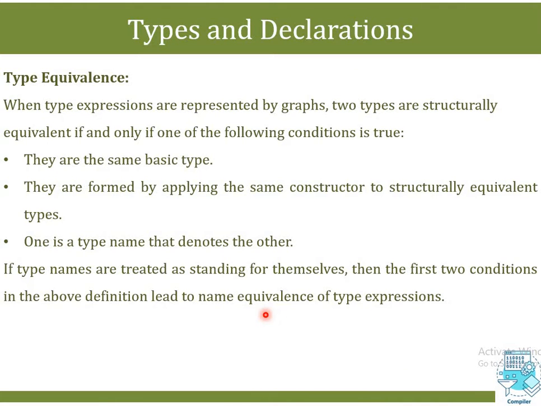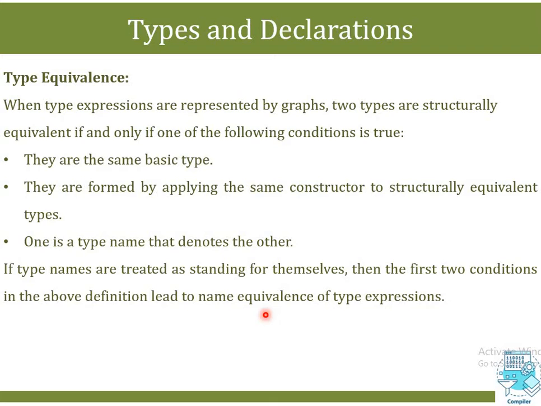Fine. Then there is something called type equivalence. As I said earlier, when we have an expression, before evaluating it we should ensure that the operands used in that expression are of the same type. When we have an expression like num1 plus num2, num1 and num2 should be of the same type. How do we check whether num1 and num2 are of the same type?